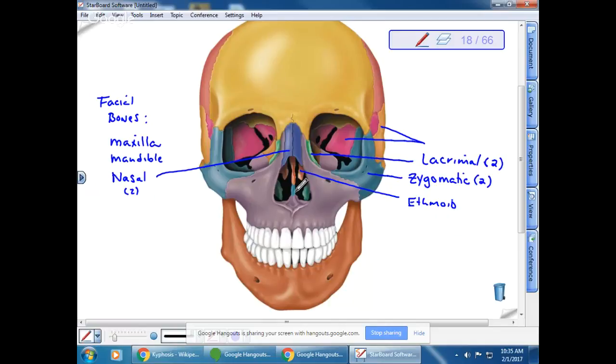Okay. Now we have a bone here that comes up, and what is that called? This has got a V. The vomer bone. The foramen above the eye.